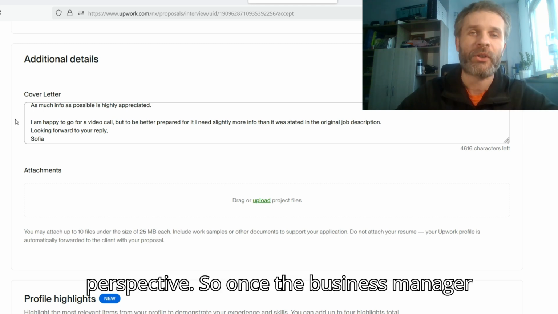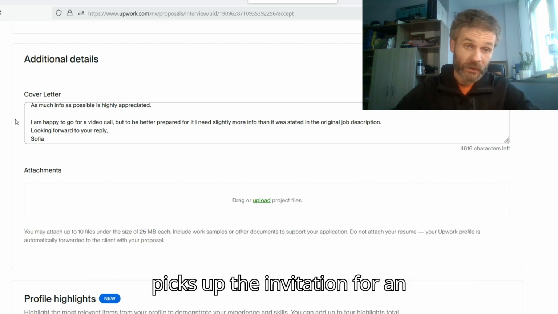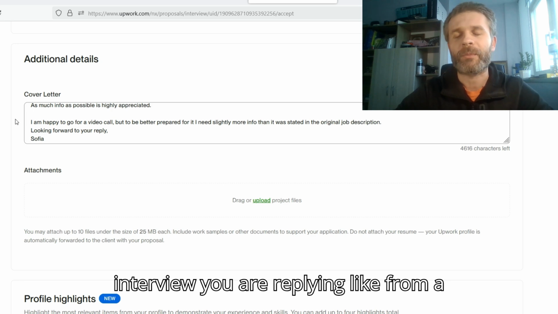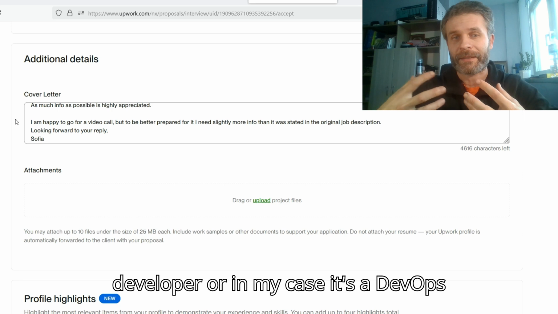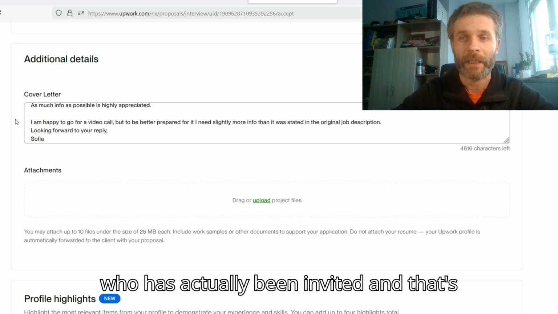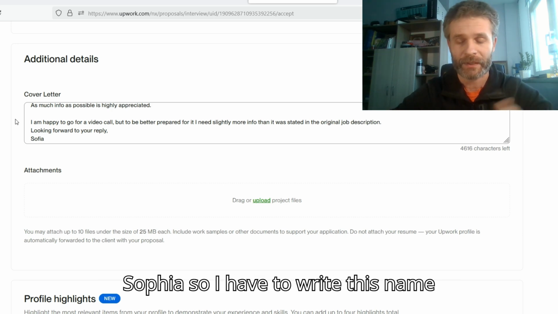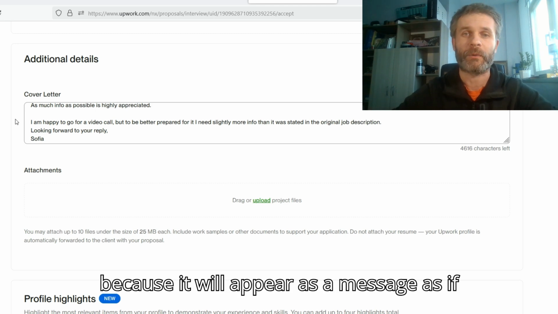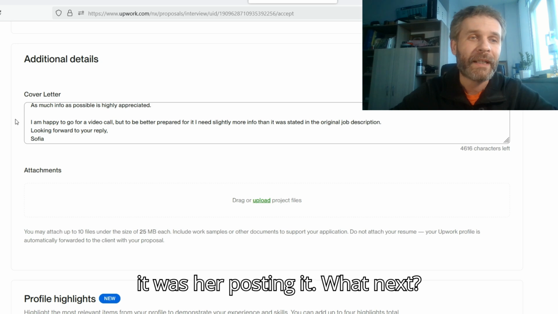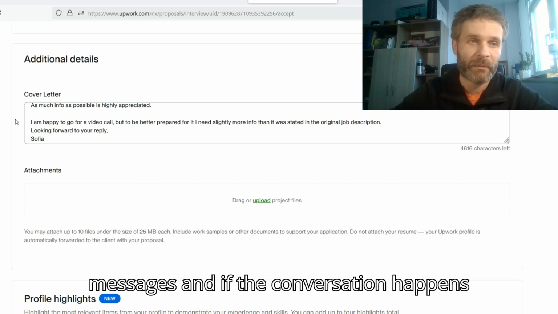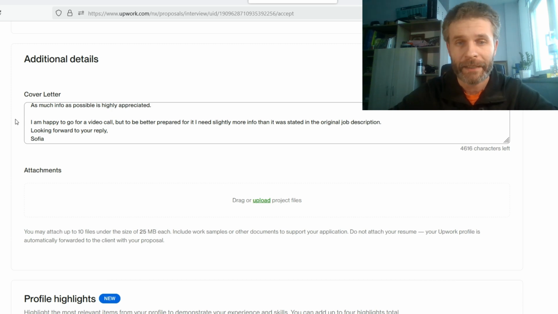Once a business manager picks up the invitation for an interview, you are replying as the developer, or in my case, the DevOps who has actually been invited, and that's Sophia. So I have to write this name because it will appear as a message as if it was her posting it. What next? Next, I will step in, I will see all the messages, and if the conversation happens, I am going to put everything under my name.